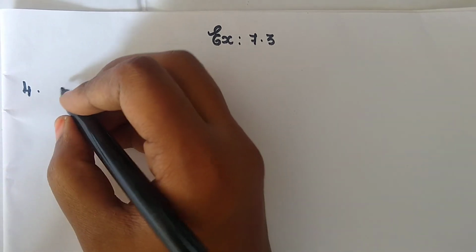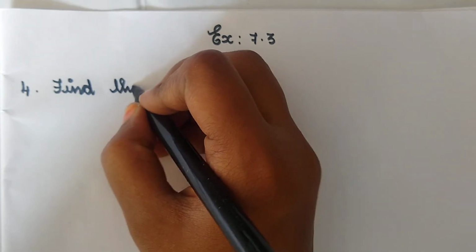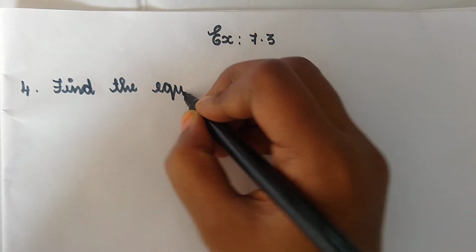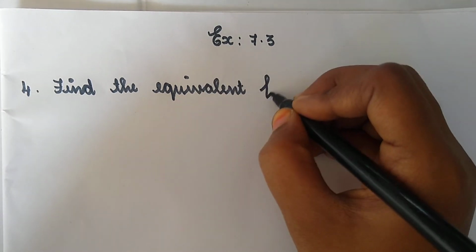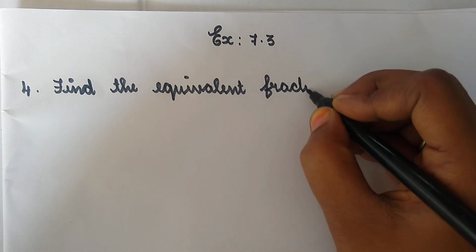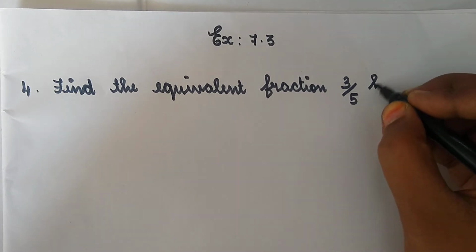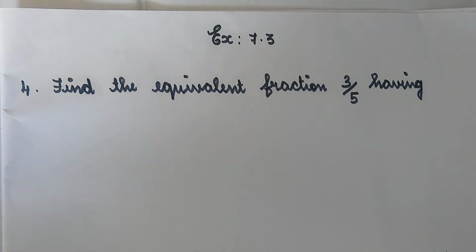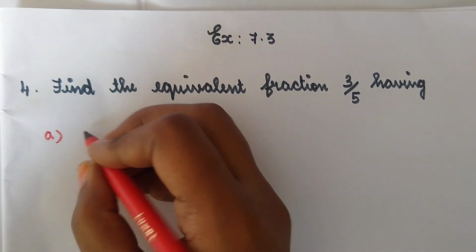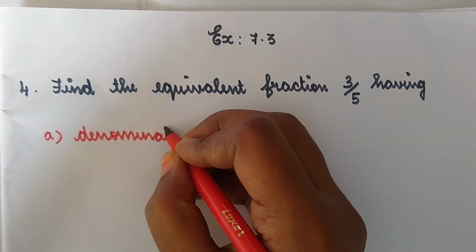Question number 4. Find the equivalent fraction of 3 by 5 having, let me take the first subdivision, denominator 20.